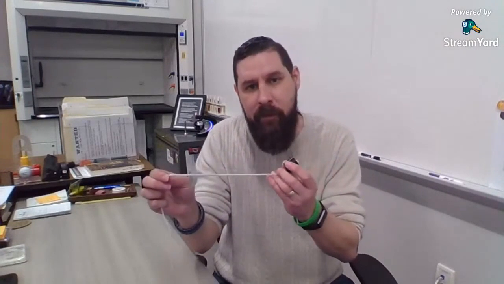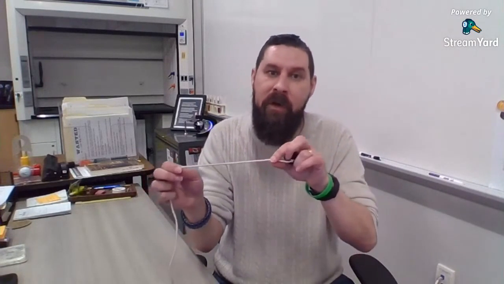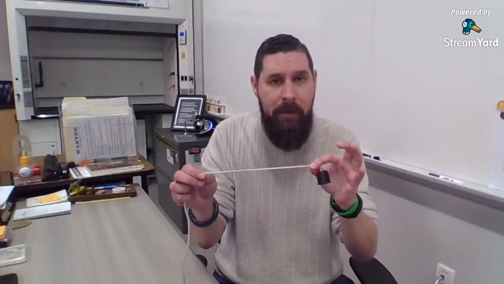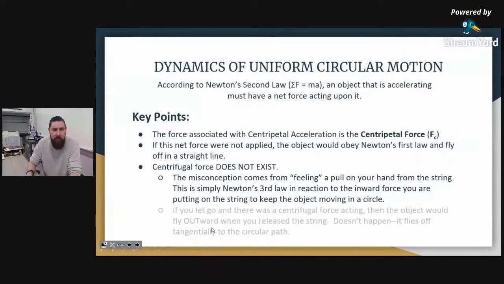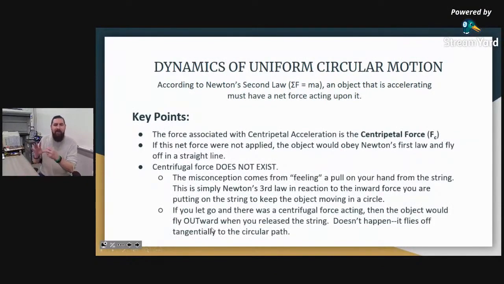When I apply an inward force, the string exerts an outward force of tension, and that's the force that you're feeling on your hand. You're not feeling centrifugal force because, again, there's no such thing as centrifugal force. All right, but let's just assume for a moment that there were this thing called centrifugal force.